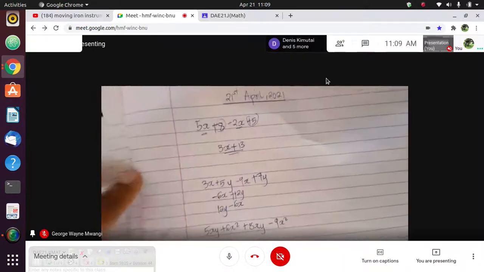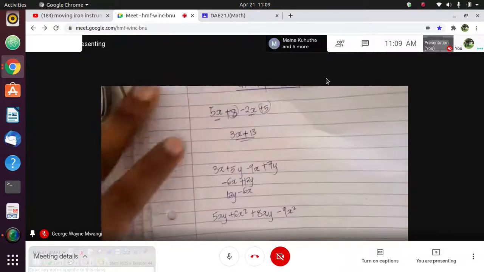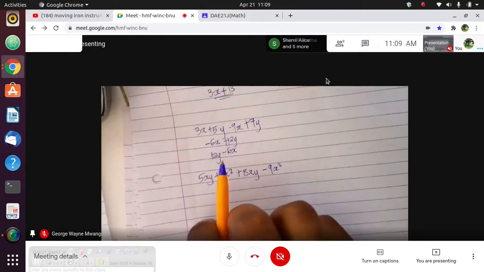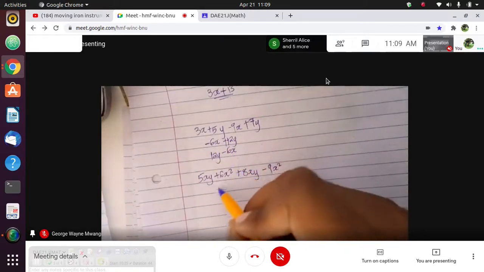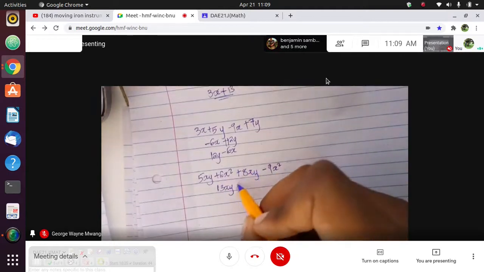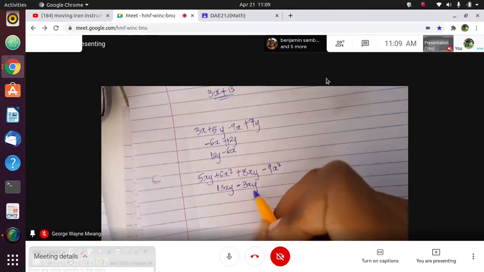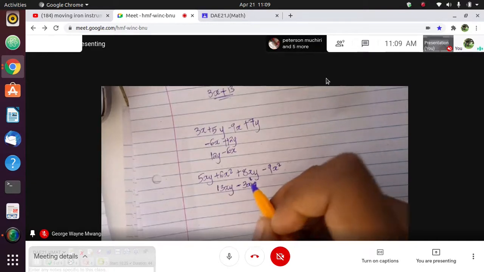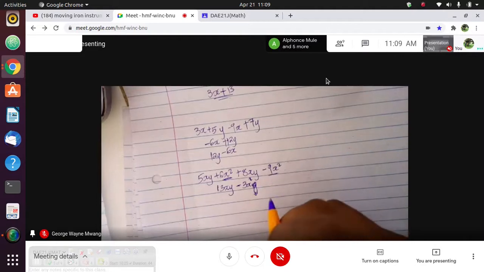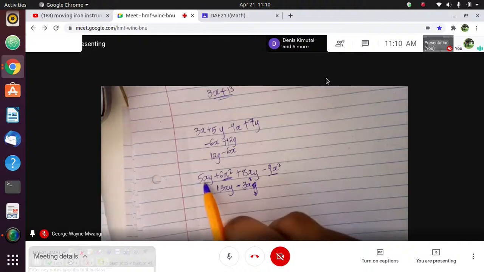Utapata ngapi? 13xy minus 3x squared. We have collected the like terms. For x squared ni 6x squared minus 9x squared, which gives you minus 3x squared. For xy tuko na 5xy plus 8xy, which gives you 13xy.